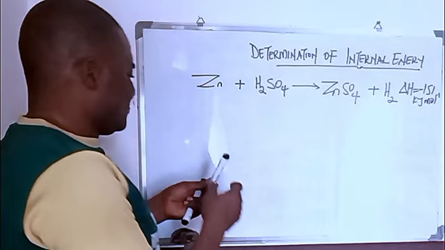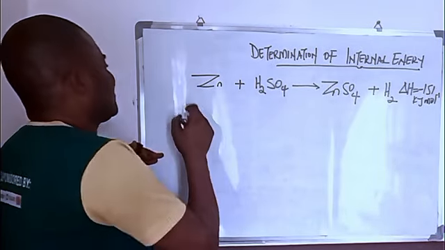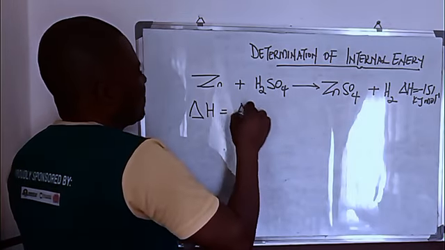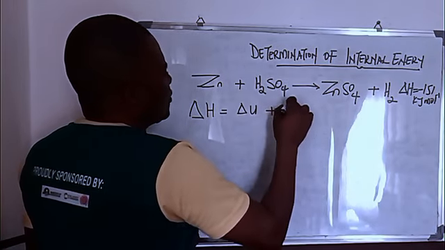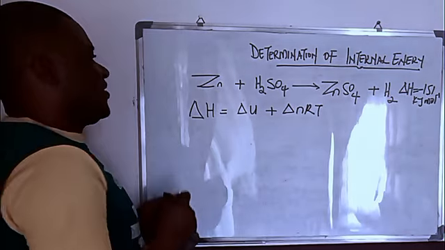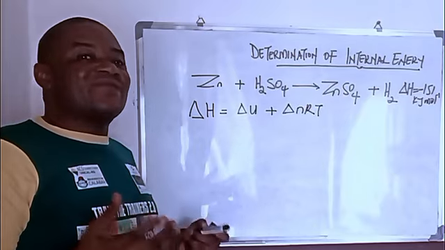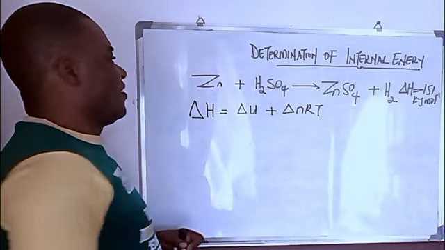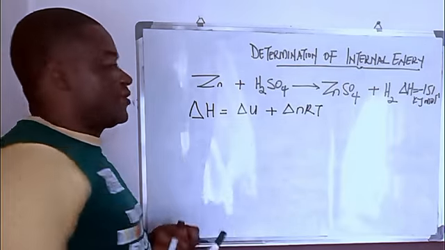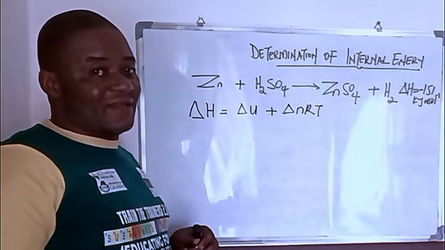The relationship between enthalpy and internal energy is written as delta H equals delta U plus change in n, R, and T. This is the equation that we derived some time ago in this class, pertaining to the relationship between enthalpy and internal energy.